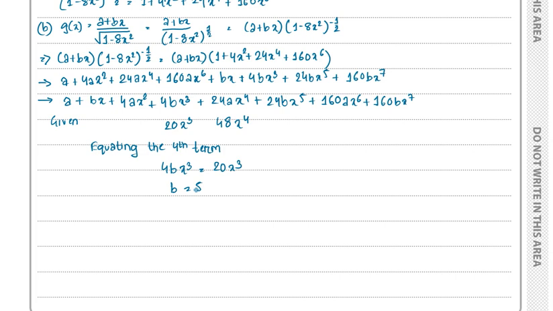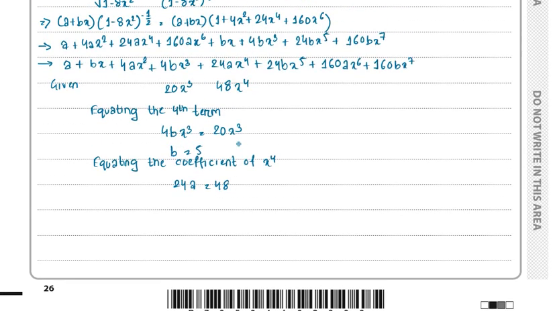And now if I do it in a different way for a, equating the coefficient of x to the power 4, not the fourth coefficient, sorry, equating the coefficient of x to the power 4, then this would be 24a, which is the coefficient of x to the power 4 that we found, and the coefficient given is 48 for the given expansion.